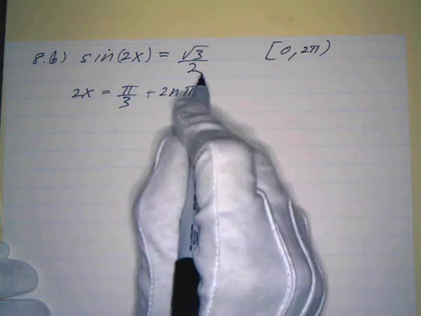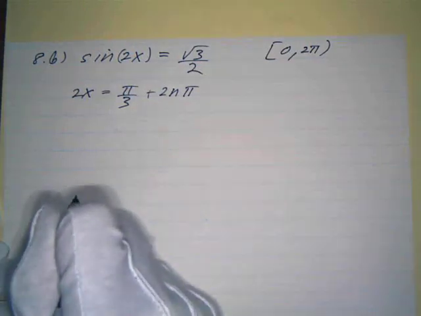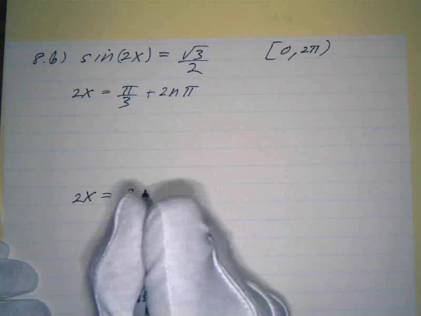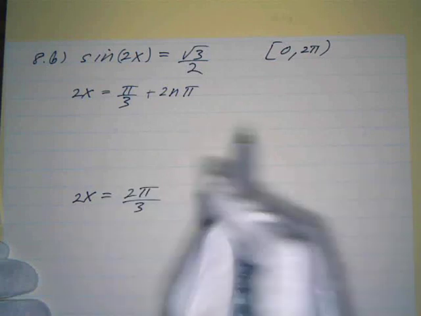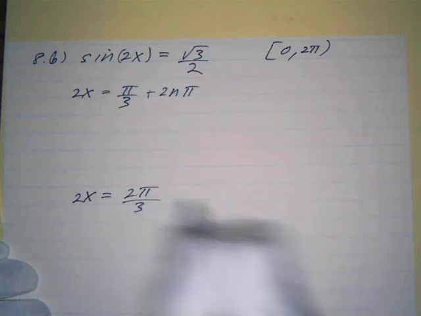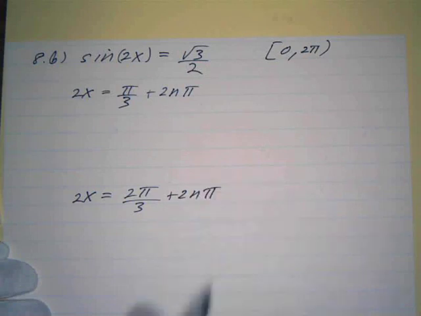And then we also have the next quadrant, so 2x will equal 2 pi over 3, because again, the sine is positive in the first and second quadrants. So that's 2 pi over 3 in the second quadrant, again plus 2 n pi.